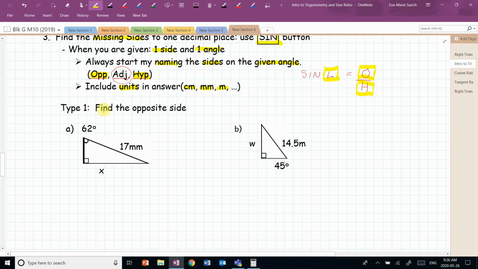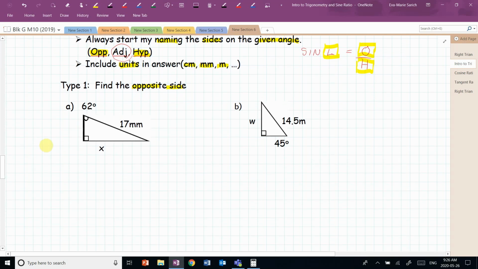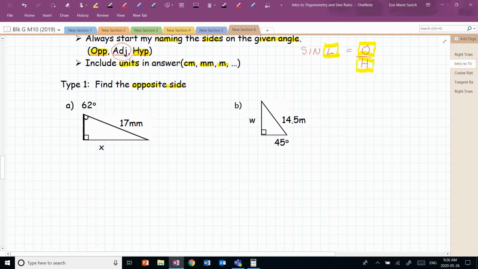So what's happening in these examples? We're going to find the opposite side, and these are, in fact, the easiest to find, so this is where we're going to start. Here's our angle, 62. That's this corner right here. We need to have the opposite and the hypotenuse identified.